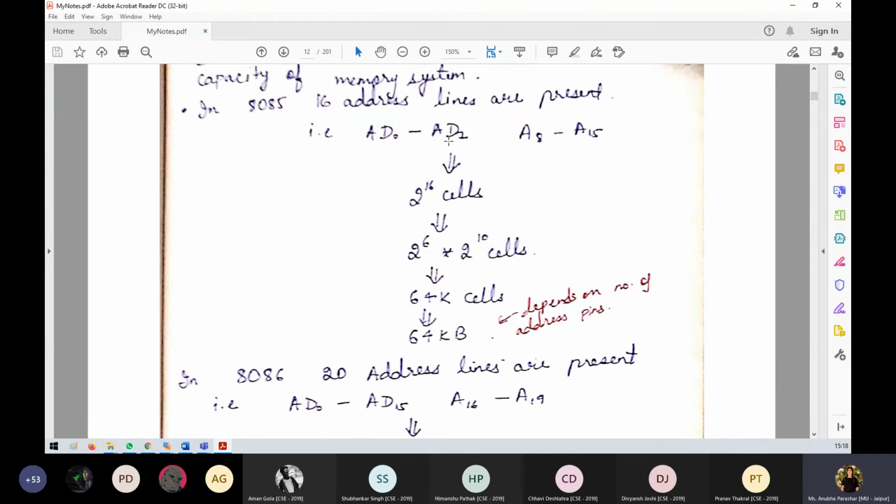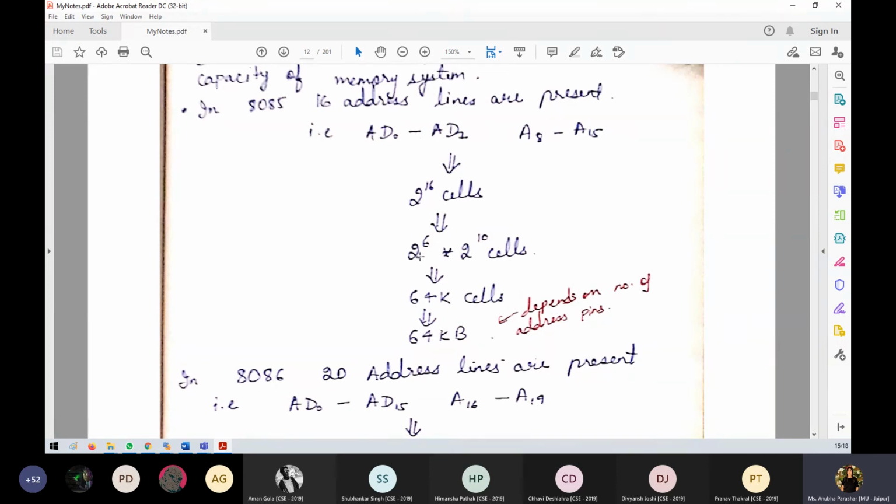And you know this calculation now. 2 raised to the power 16 is 2 raised to the power 6 multiplied by 2 raised to the power 10. 10 means kilo, and 6 means 64. You can always remember 5 is 32, 6 is 64, 7 is 128, 256, 512 and 1024. If you remember till 2 raised to the power 15, it's fine.